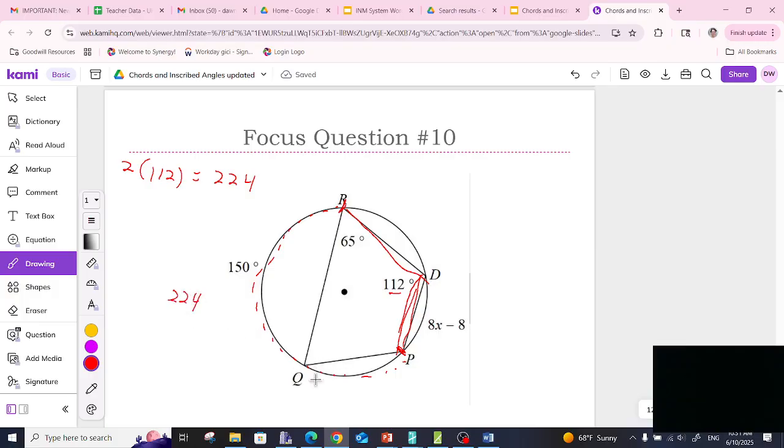Now, I could find QP by subtracting 150 from 224. Do you all agree with that? So this QP is 74 degrees, right?